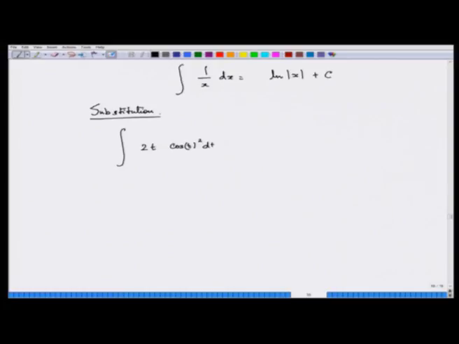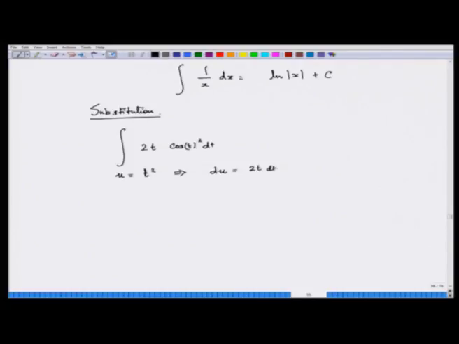So now suppose I take u is equal to t square. This would immediately imply that the differential of u is the derivative of t square, which is 2t, into the differential of t. So you get 2t dt.